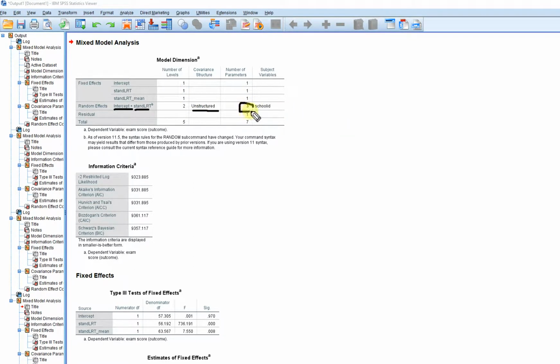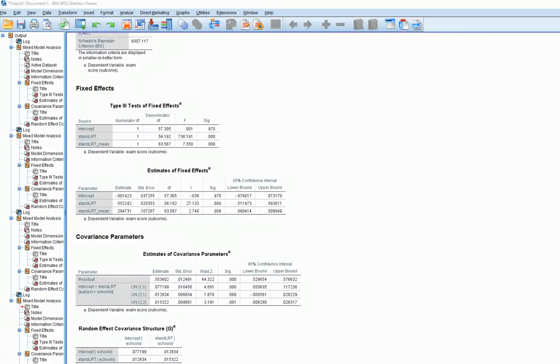We're estimating the variance of the intercepts, the variance of the slopes, and also the covariance between those two. And that's why you have 3 parameters being estimated here instead of 2. These are the level 1 residuals, the variance of the level 1 residuals, and then these are our 3 fixed effects in the model.